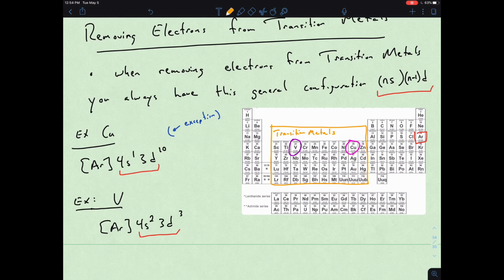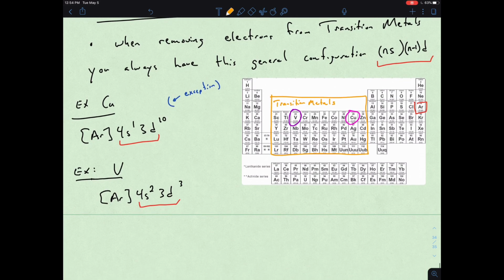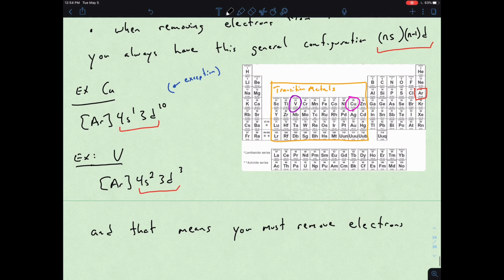So you always have that general formula, and that means you must remove electrons from the highest energy orbital.